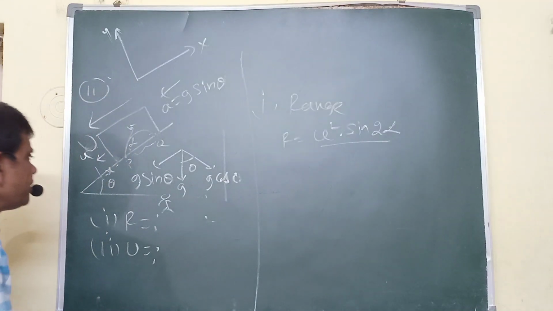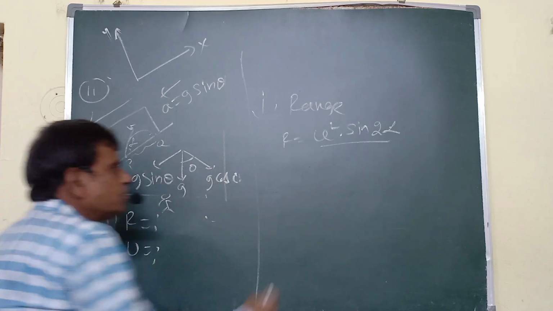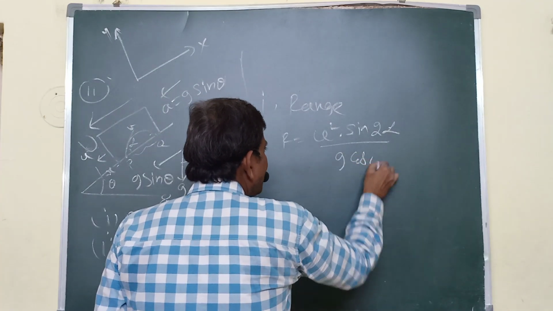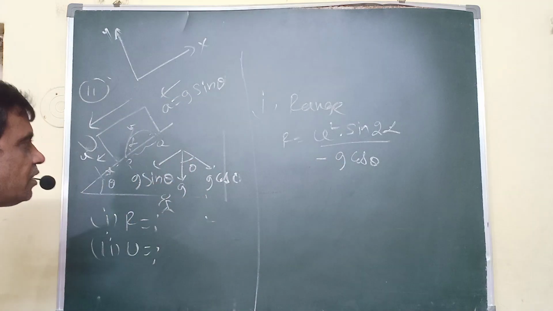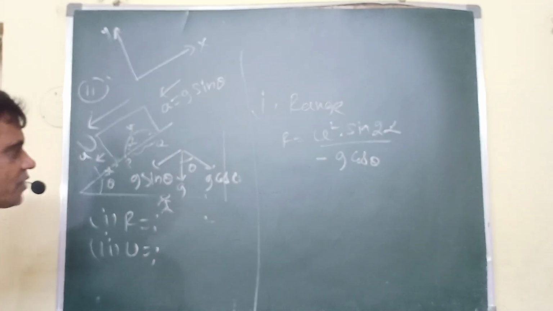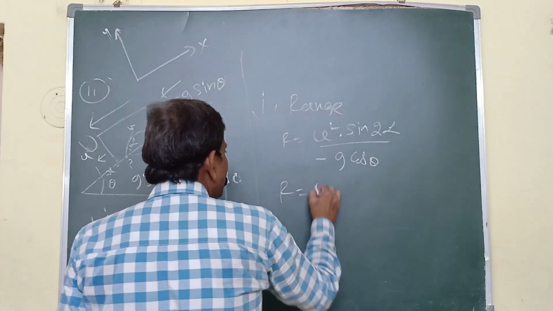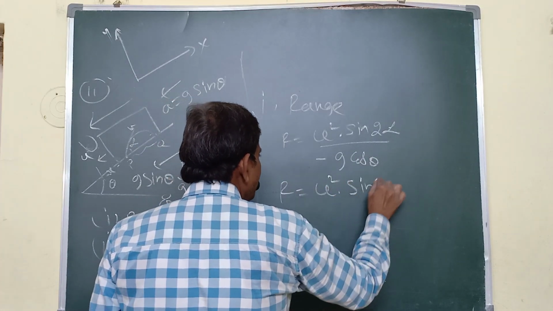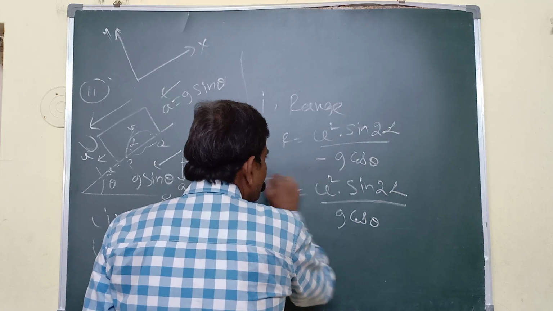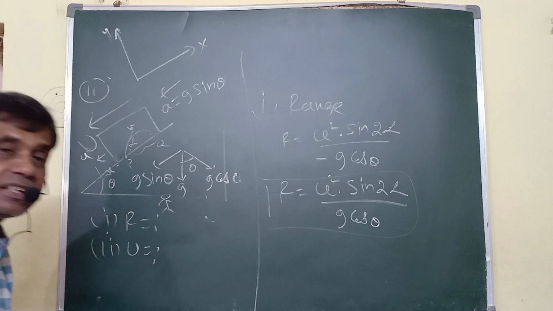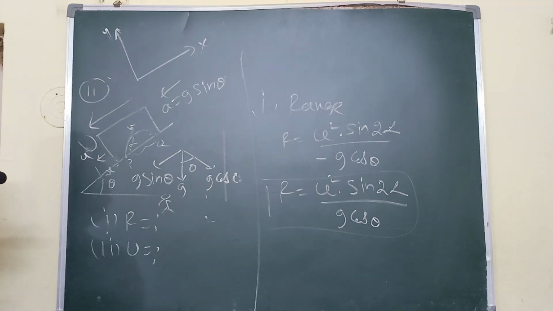Here, on the inclined plane, the g downward is g cos theta, taken as negative according to sign convention. But range is a distance, which is always positive. So R equals u square sin 2 alpha by g cos theta. But you must apply sign convention, because in solving equations we sometimes use it. That is completed.